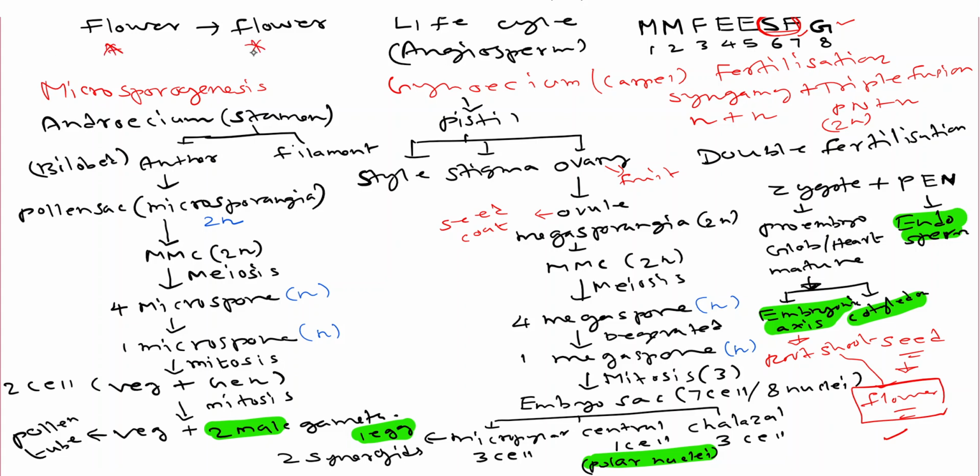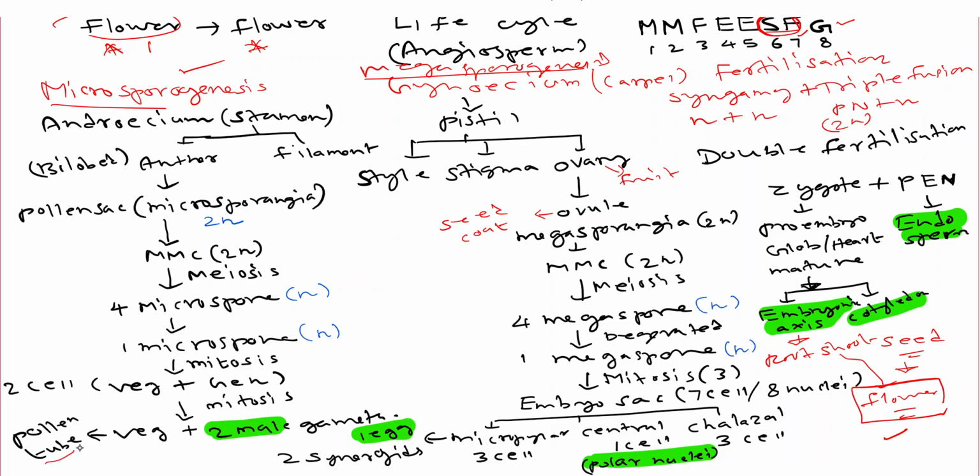This flower is what I mentioned as flower to flower. So in the first generation, flower 1, using its processes called microsporogenesis and megasporogenesis, is able to form microspores and megaspores.